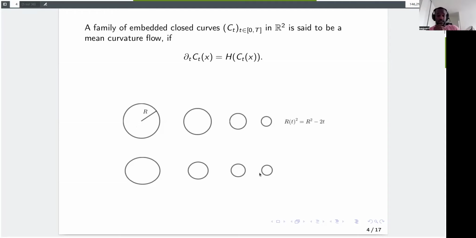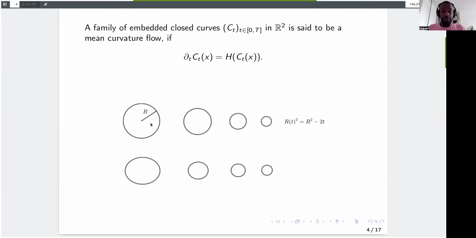The only exact evolutions that we know for curves, and we will see later for higher dimensions, are the spheres, because the curvature is somehow complicated to predict in the future for curves that are not symmetric and as nice as a circle.